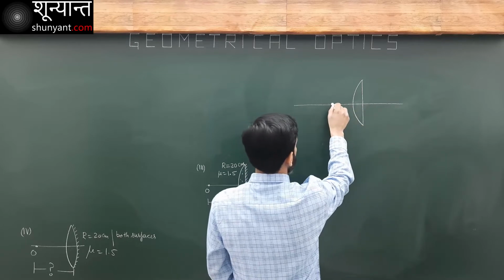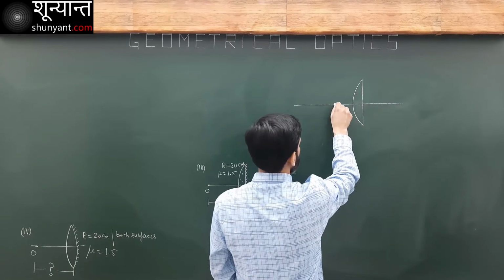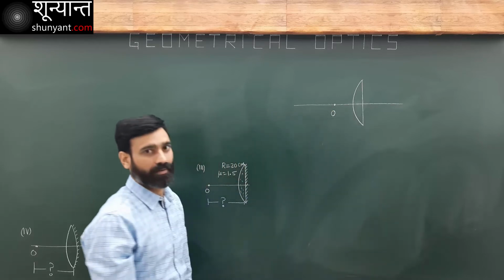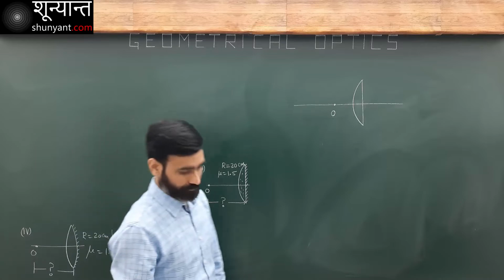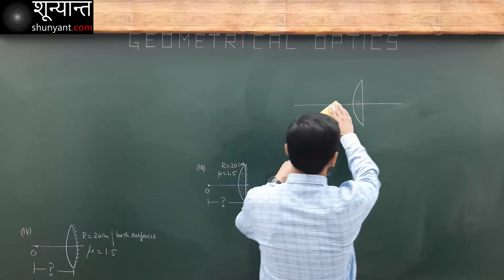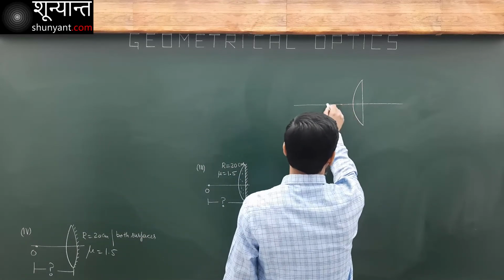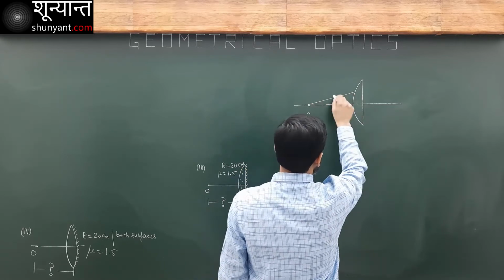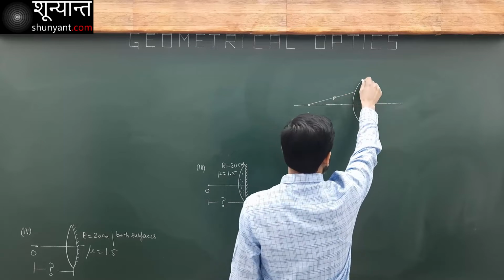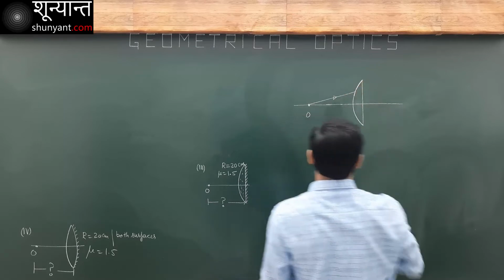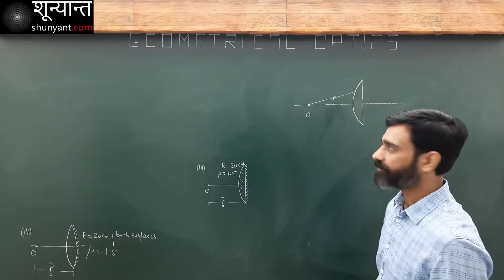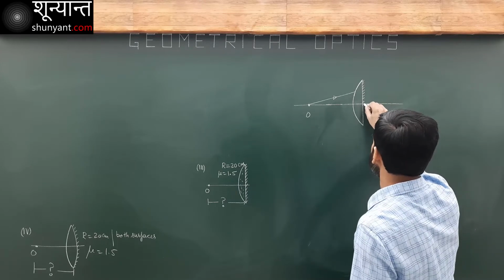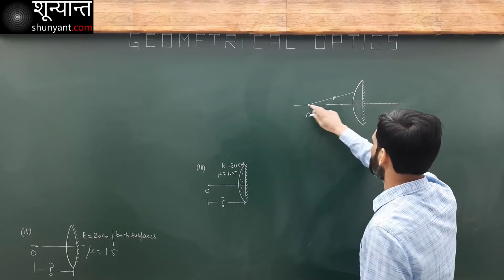This is my object here. Light rays start, they hit the first surface here, they will enter into the lens, then they will hit this mirror. I want my light rays to come back to the same point.